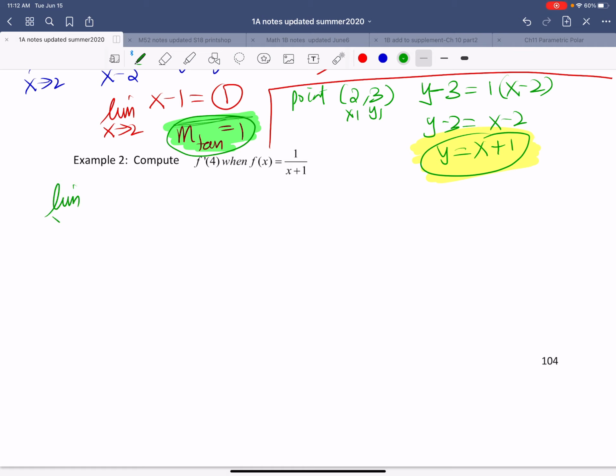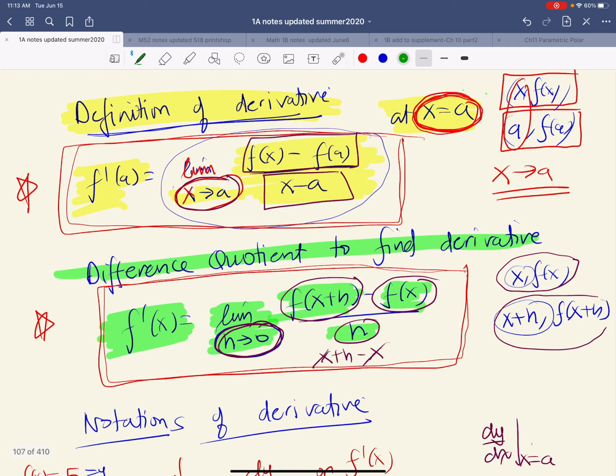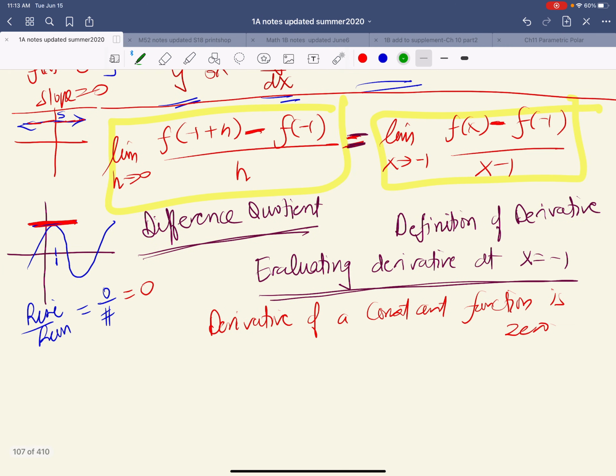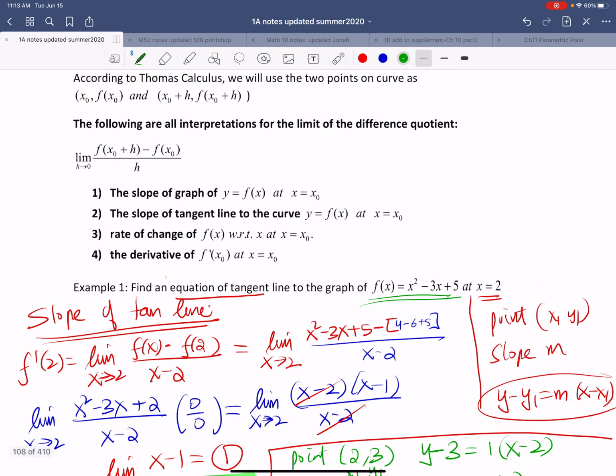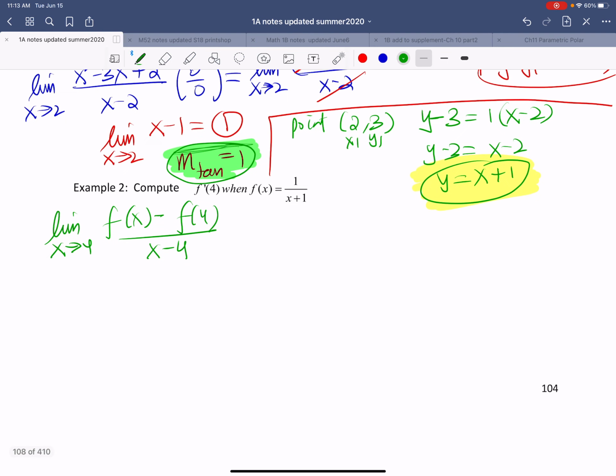So the limit as x approaches 4 of f of x minus f of 4 divided by x minus 4. If you were to use the definition of the derivative, you would just be using a 4 plus h in here.